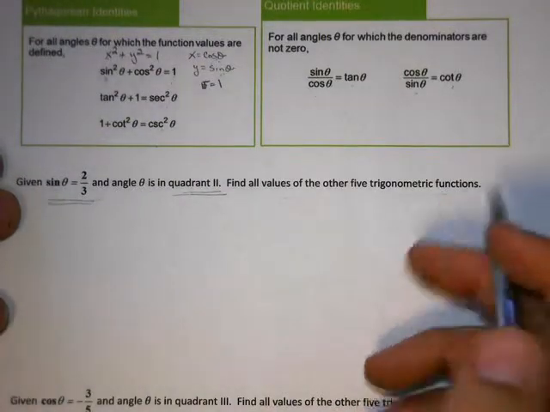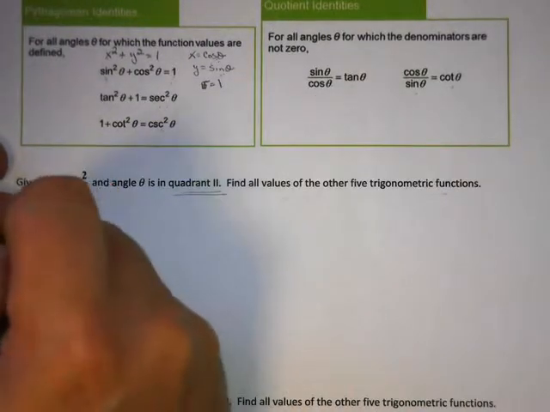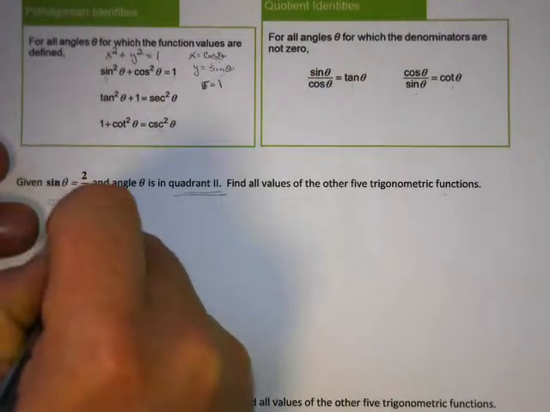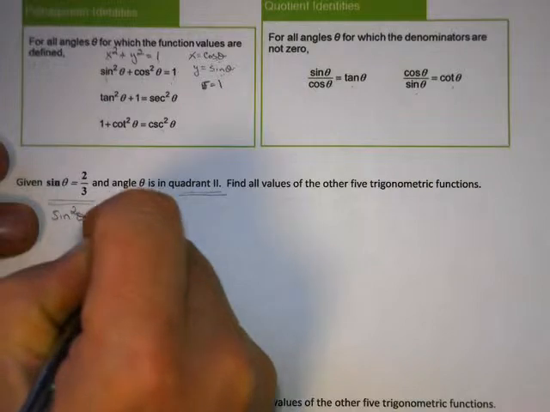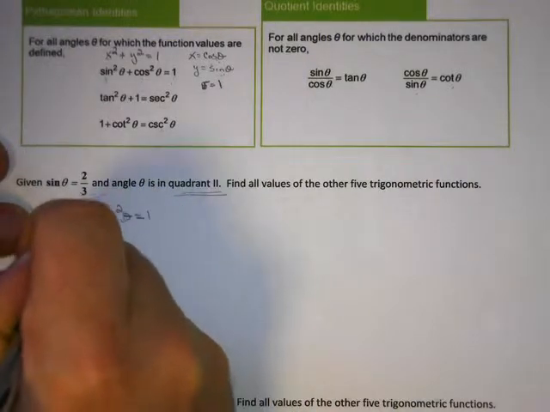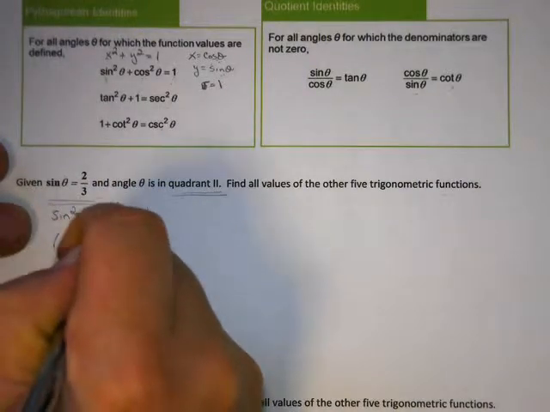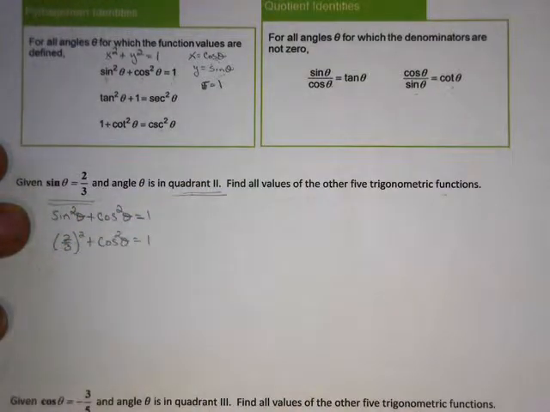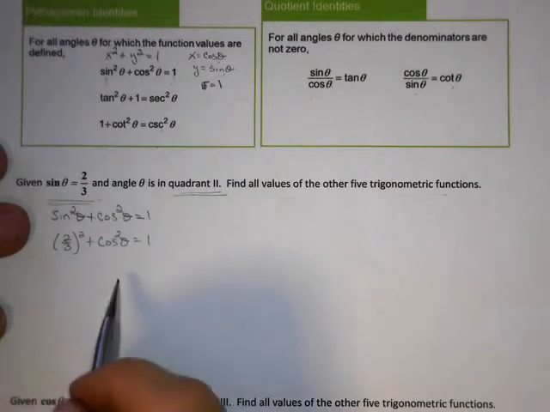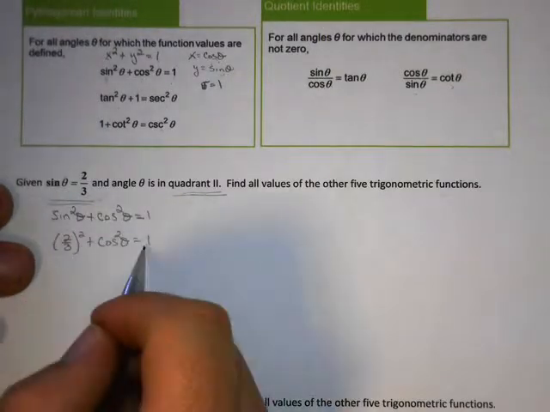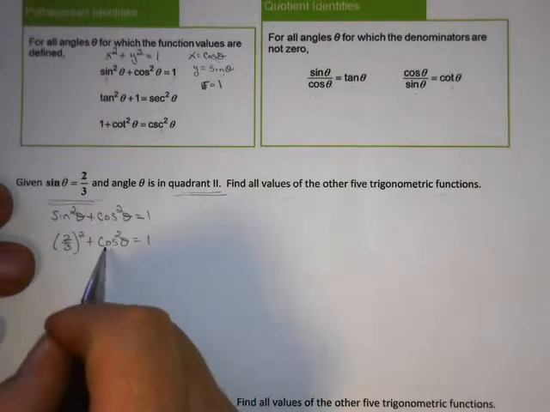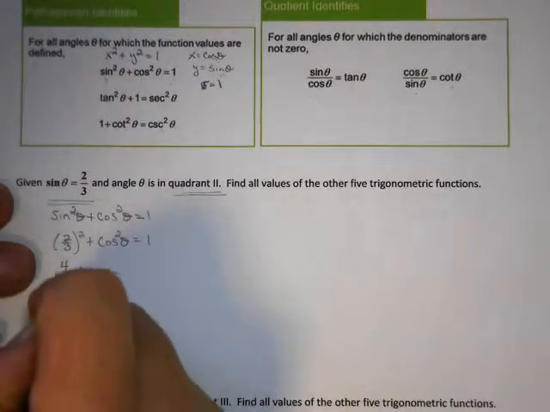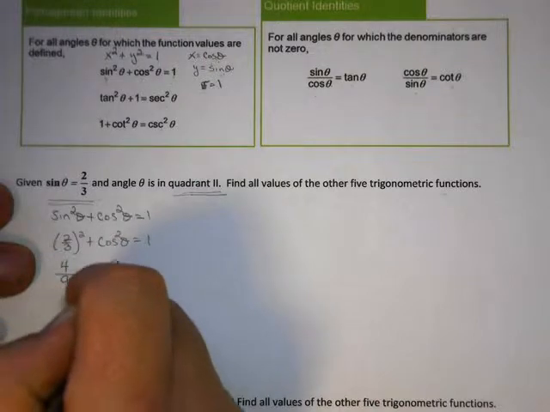So for example, if sine squared theta plus cosine squared theta equals 1 and sine equals 2/3, we're going to be able to find cosine theta. Notice this is an equation with one unknown, so we can solve this. This is 4/9 plus cosine squared theta equals 1.